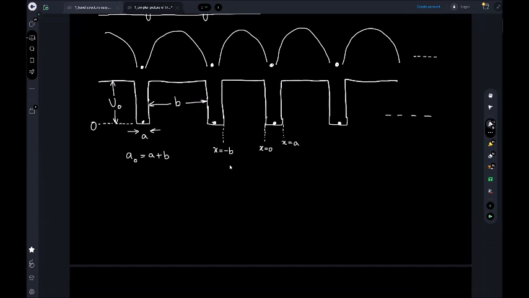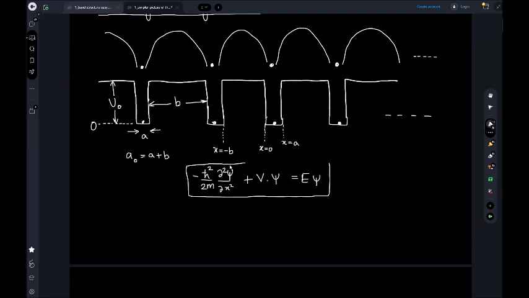So I'm going to write the time independent Schrodinger equation. If you have studied this, then it's good. If you haven't studied this, then I recommend that you go through some textbook.